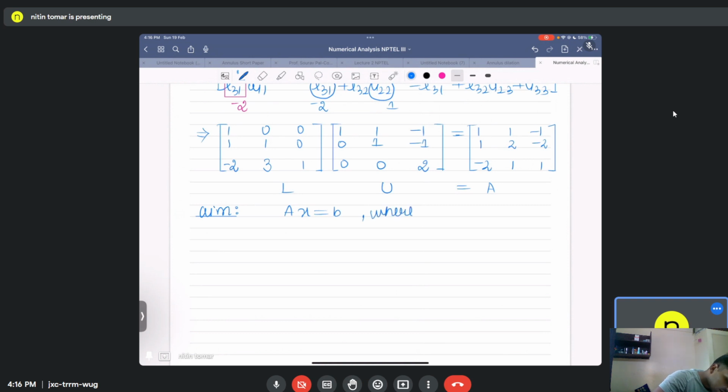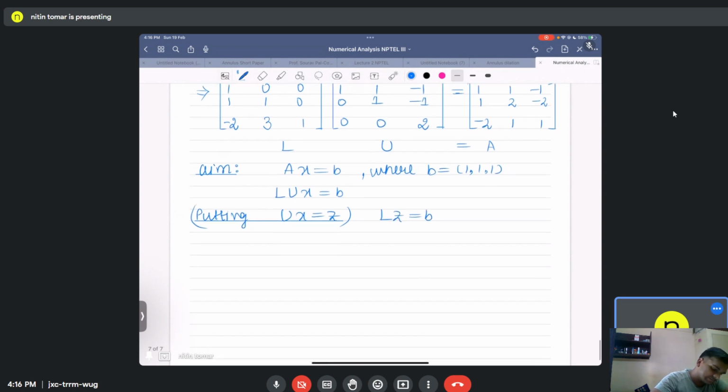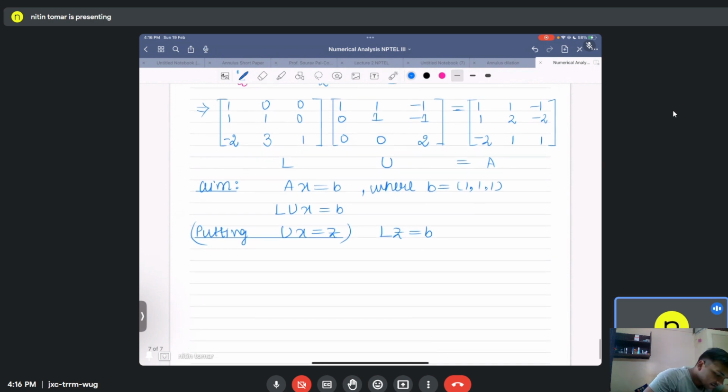We have seen above how to solve this kind of system when you have LU factorization. You just write A as LU, so LUx equal to b, correct? Yes, sir. And put this Ux to be z, and you will get Lz equal to b. Now you can solve this system, right? Yes, sir. So solve this.